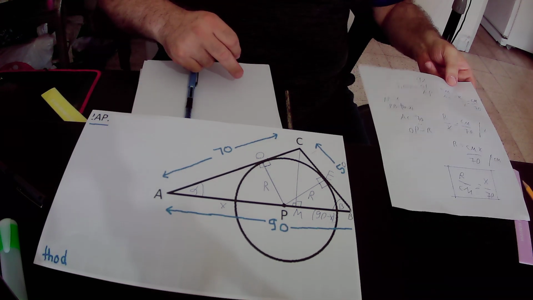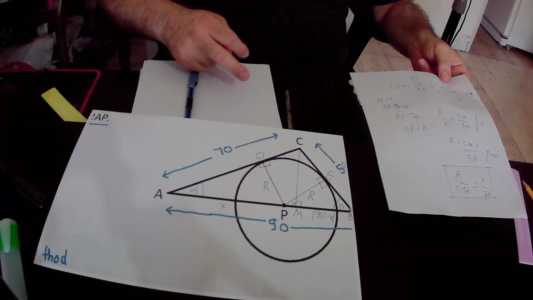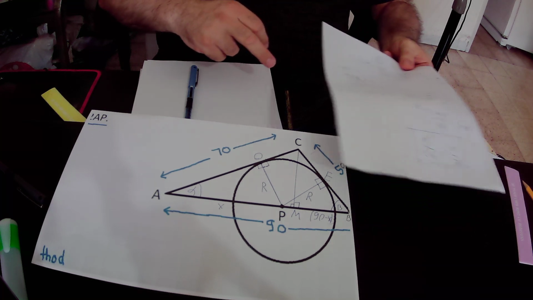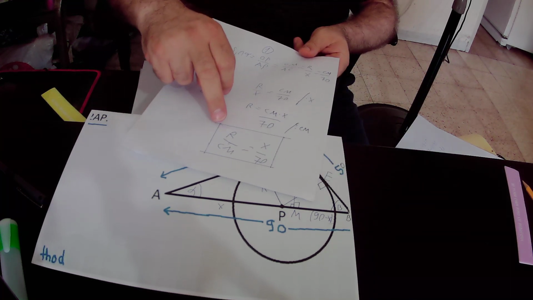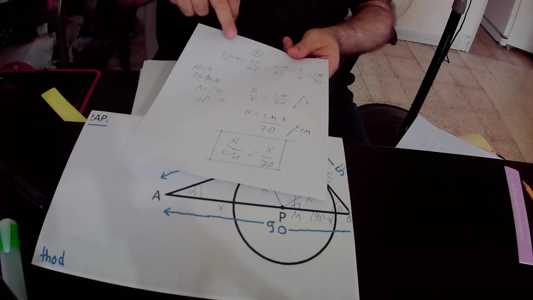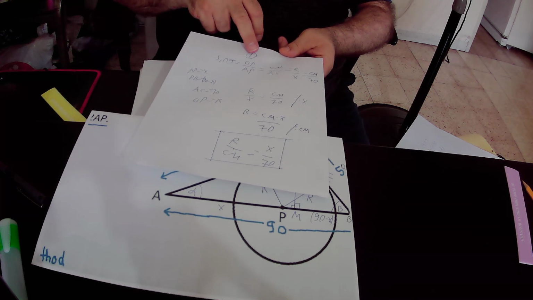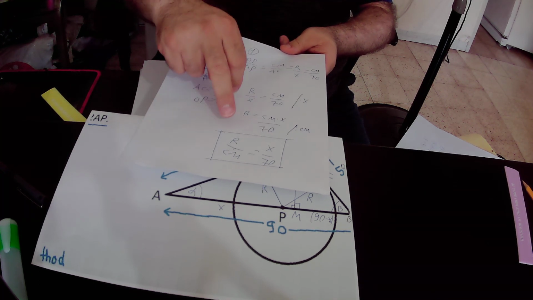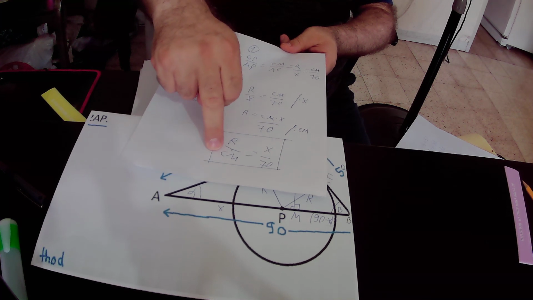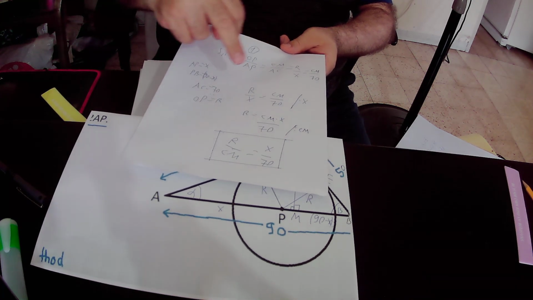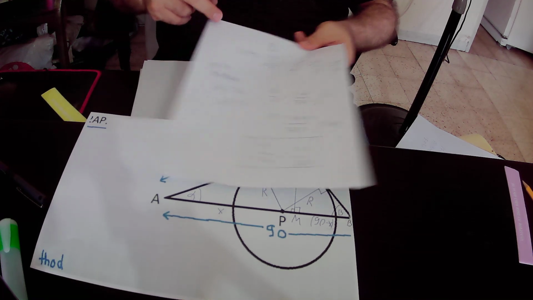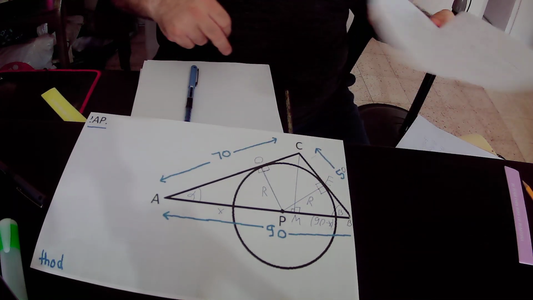So after we put this data in the equation, we got to the equation that R over CM equals X over 70, because AC equals 70 units.